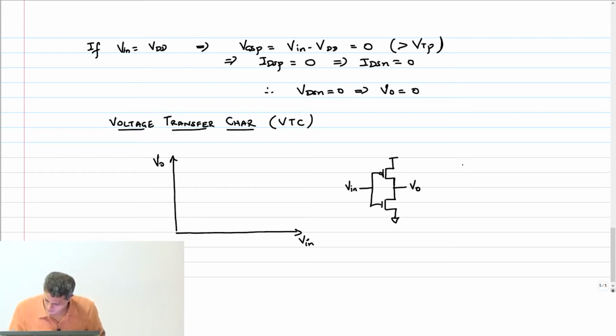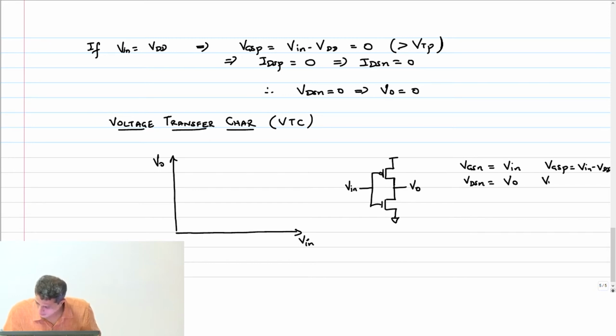And of course the constraints are simple. VGSN equals V in, VDSN equals V out, VGSP equals V in minus VDD, VDSP equals V out minus VDD, and IDSN equals minus IDSP.